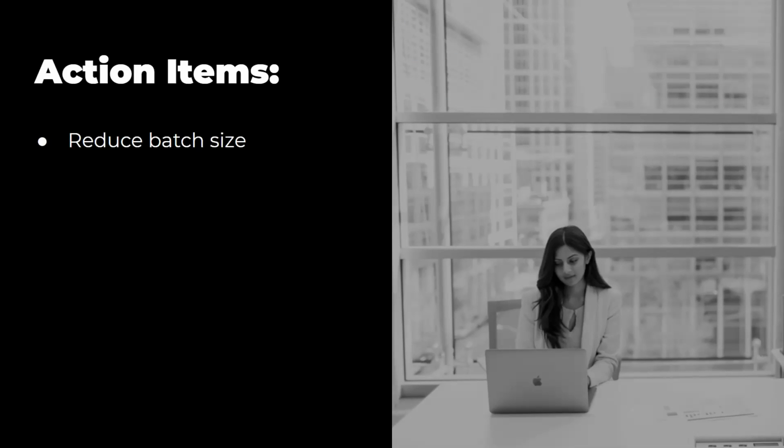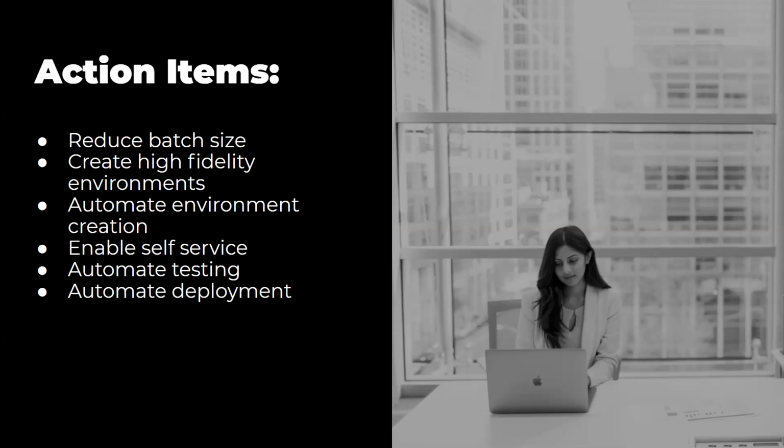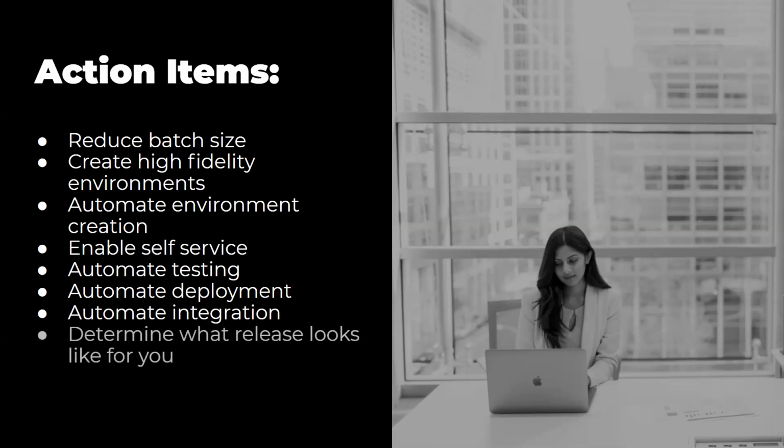You want to reduce your batch size, create high fidelity environments, and automate their creation. Enable self-service so that anyone can create environments and do deployments whenever they need to. Automate your testing, automate your deployment, and automate the integration. And then finally, determine what release looks like for you.